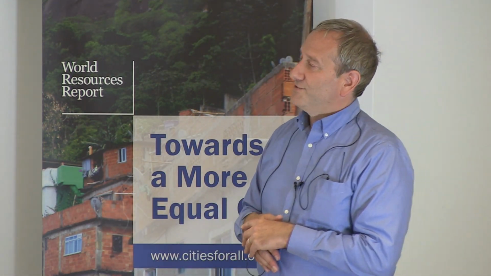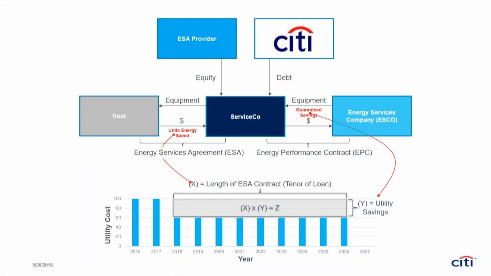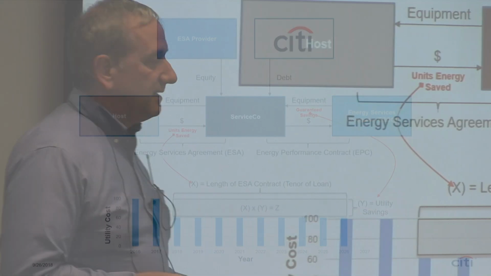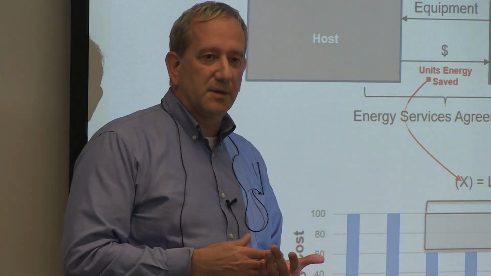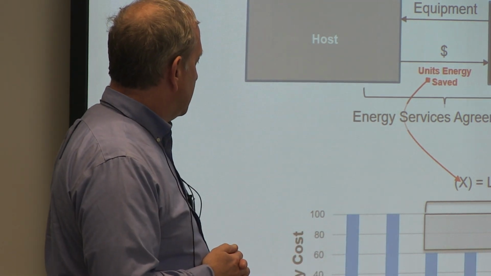Okay? And so let's just start with this bottom chart for a moment. Historically, you are in those full blue bars. You're using 100 units of energy a month over here in 2016. You're paying the utility $1 per unit for each unit of energy.